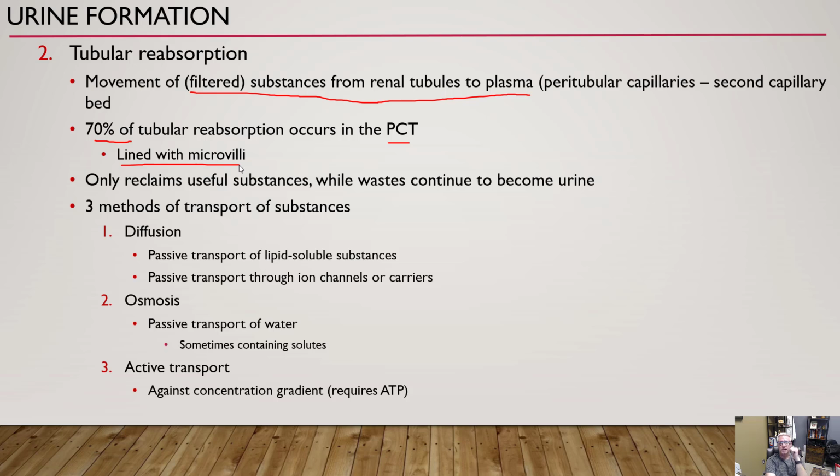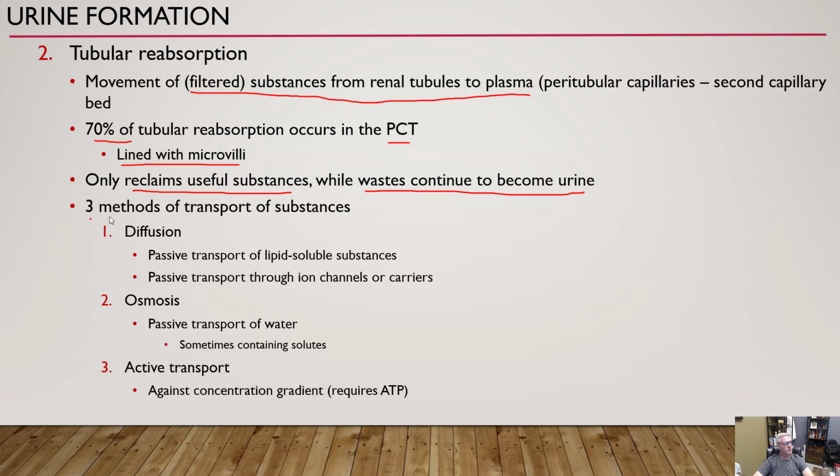Increased surface area for absorption. That is why we have microvilli there. And it's only going to reclaim the useful substances, while whatever stays in the proximal convoluted tubule will continue to become urine.